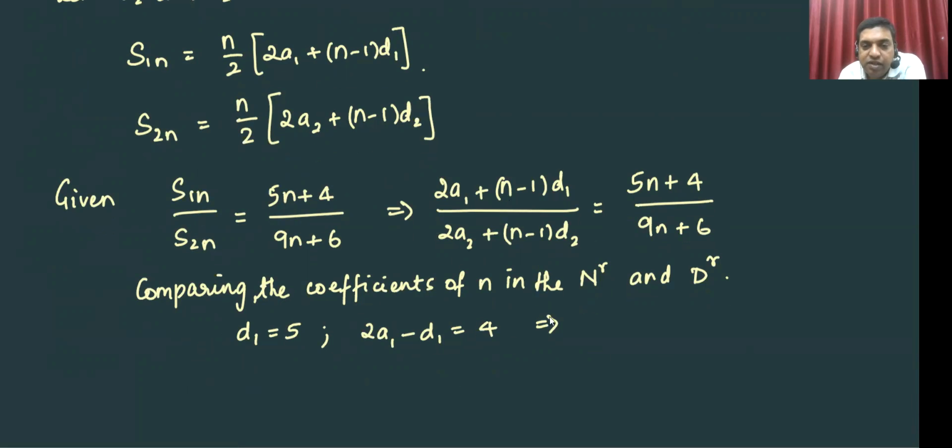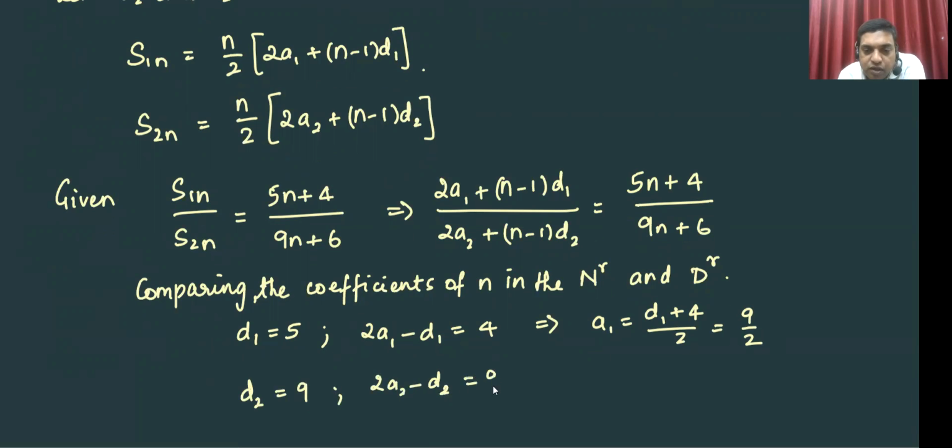So d1 is 5. So a1 is d1 plus 4 by 2, which is 9 upon 2. In the denominator, d2 will be 9. Then the constant term 2a2 minus d2 is equal to 6.